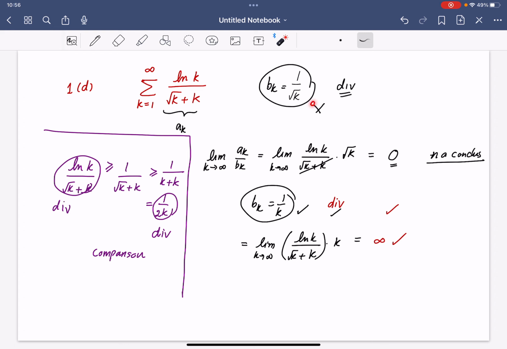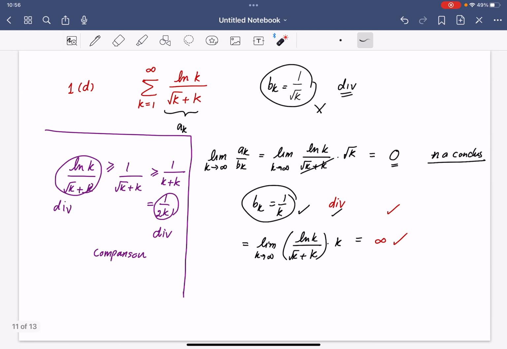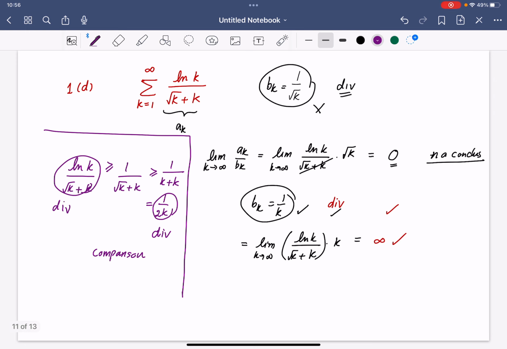But most of you did the limit comparison test, and if you pick b_k to be this one, it is not correct. Questions 1a, 1b, 1c, most of you got full credit, which is good. It is only the hard question that you missed.